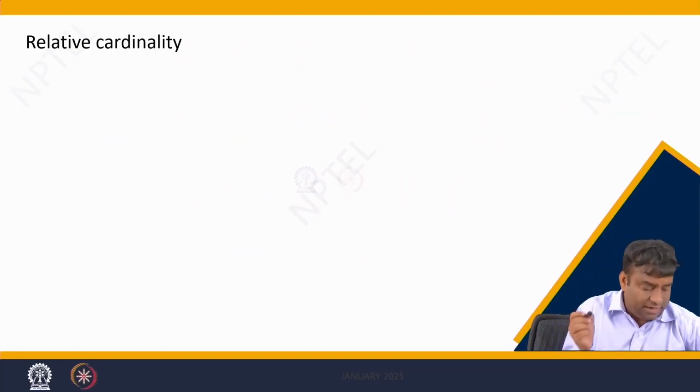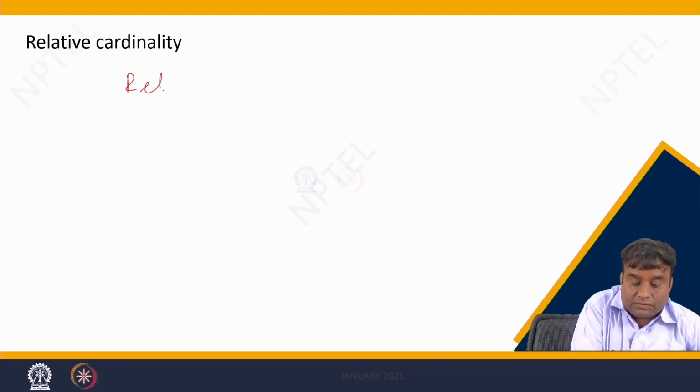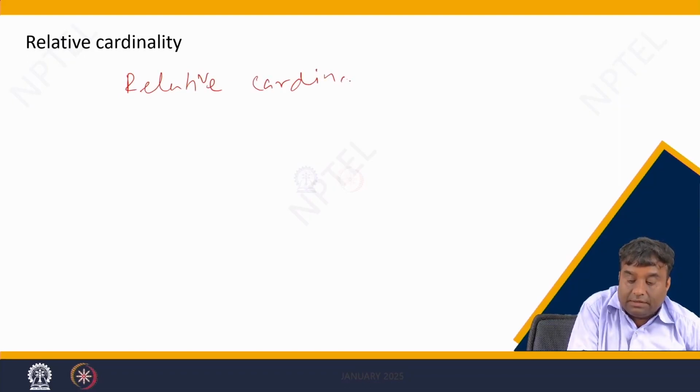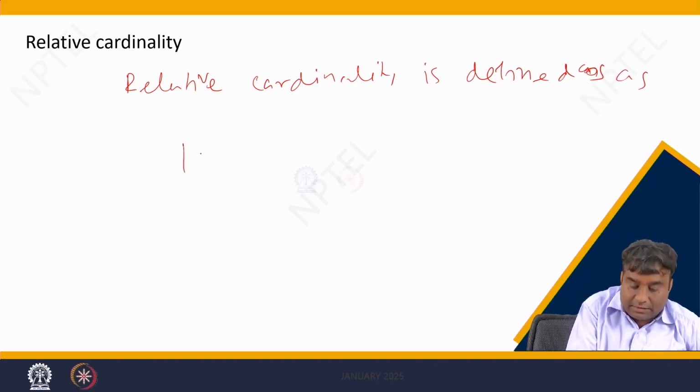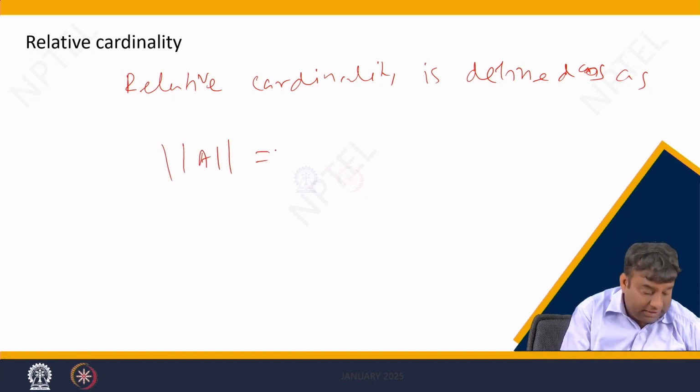Now try to understand the relative cardinality. The relative cardinality is defined as the cardinality of A divided by the cardinality of X, where X is the universe set.